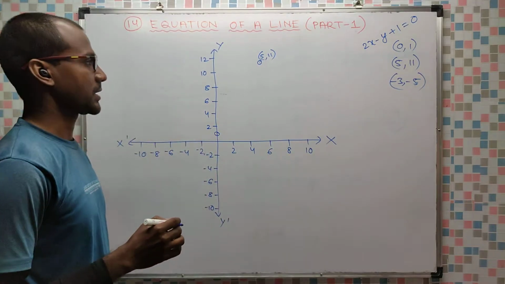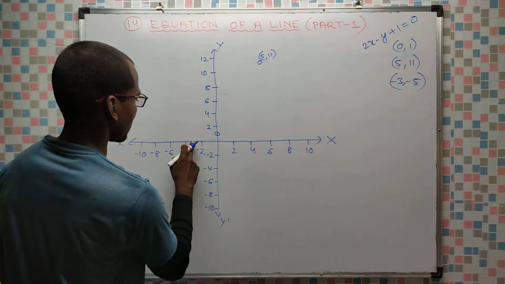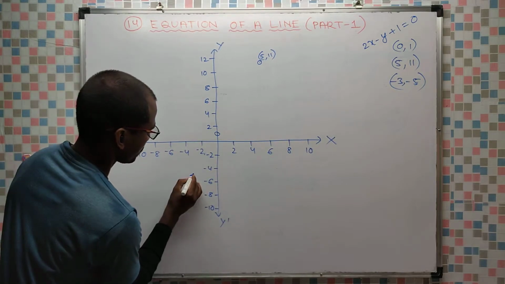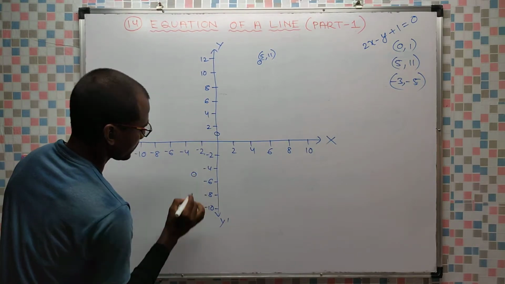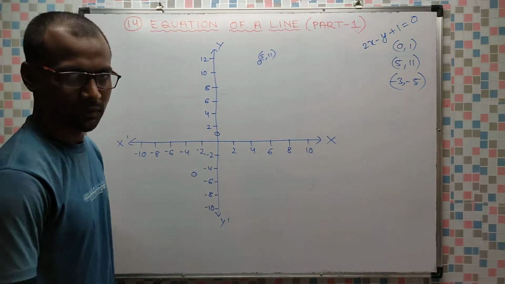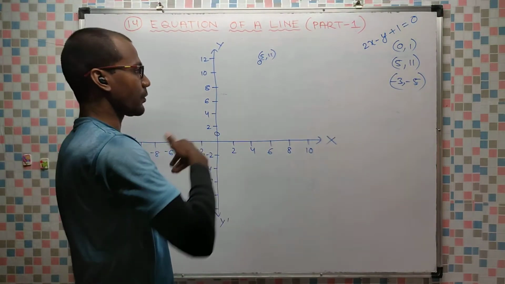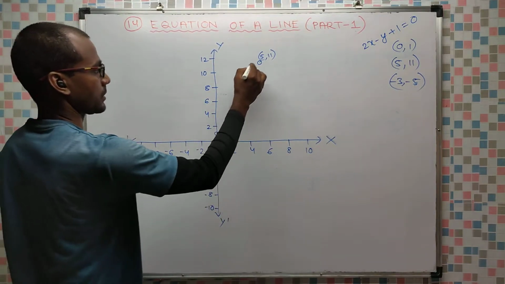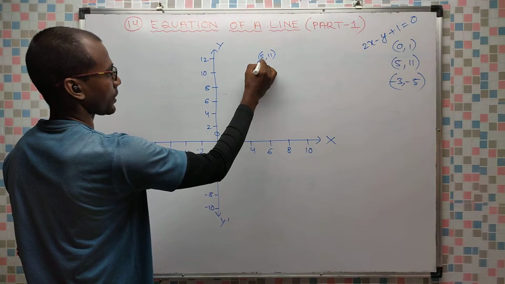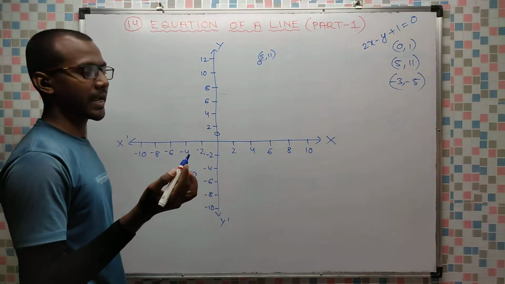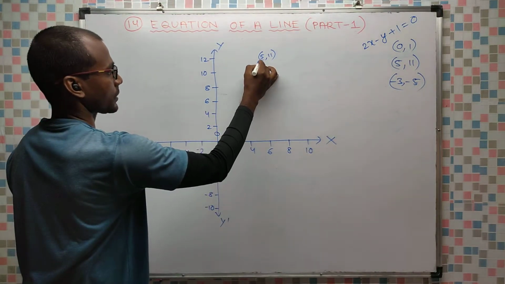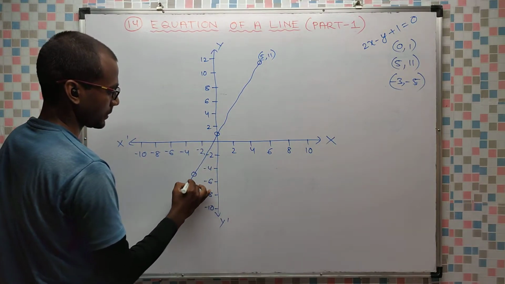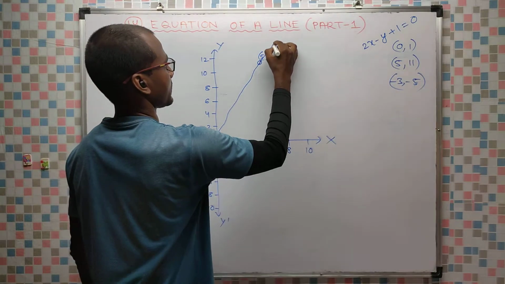Next is (-3, -5), somewhere here this is (-3, -5). Now if you join these 3 points, if you put a scale on it, you will see that these 3 points are collinear. If you join these points, you will get a straight line like this.